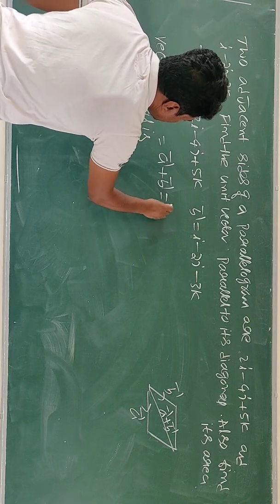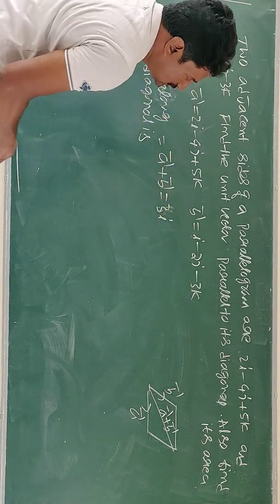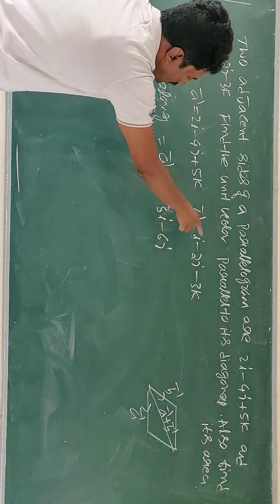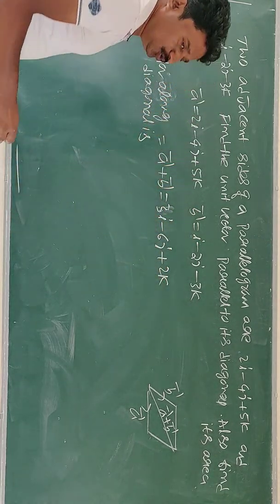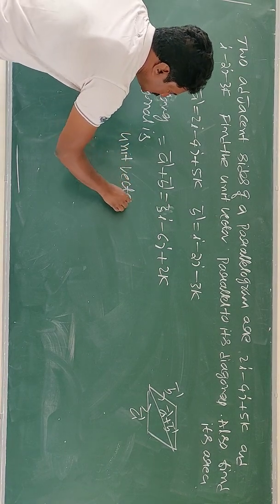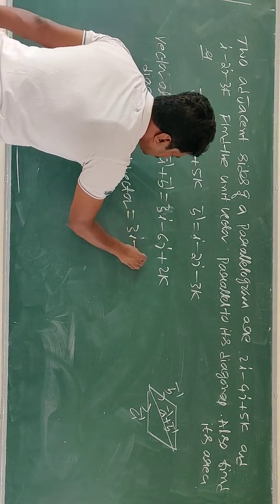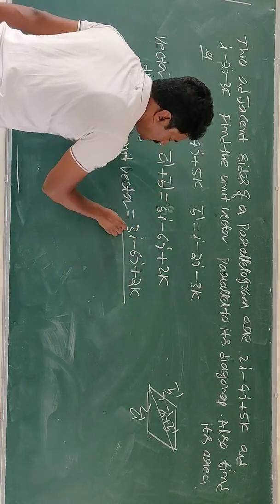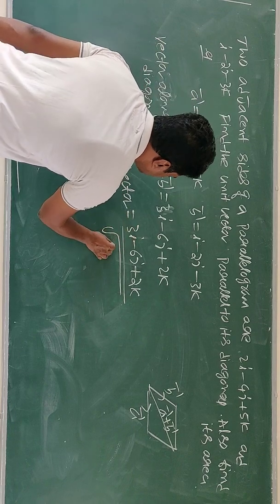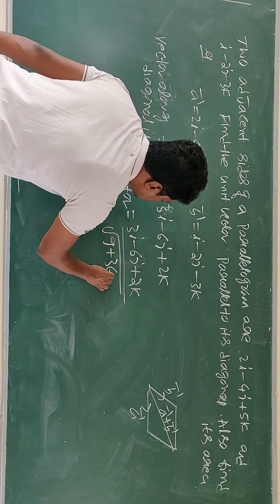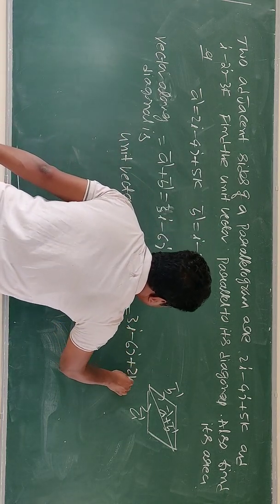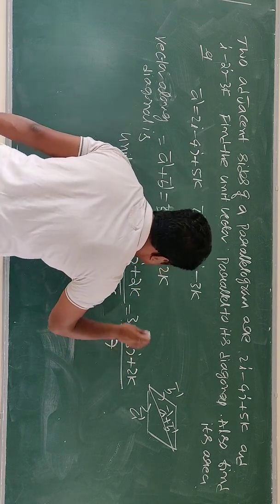Tell me A plus B: 2i plus i is 3i, minus 4j minus 2j is minus 6j, 5k minus 3k is 2k. The unit vector is the vector by its magnitude: 3i minus 6j plus 2k by the root of 3 squared is 9, 6 squared is 36, 2 squared is 4, so by root 49. 49 means it is 7.